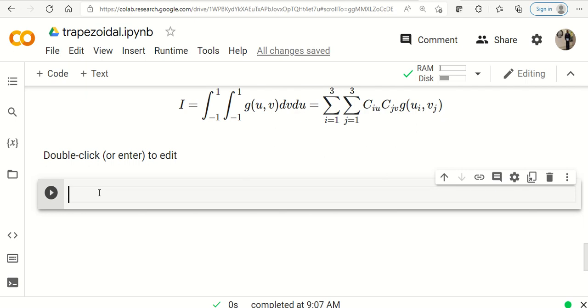To implement Gaussian quadrature in 2 dimensions, I first define the function that has been transformed to the limits -1 to 1.